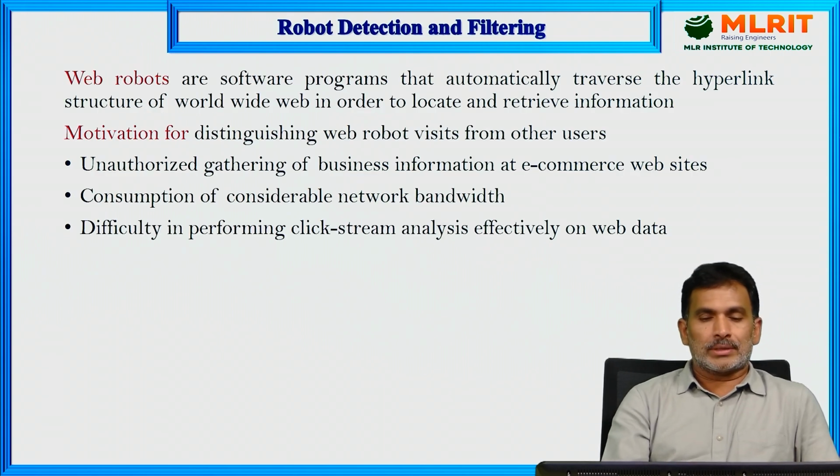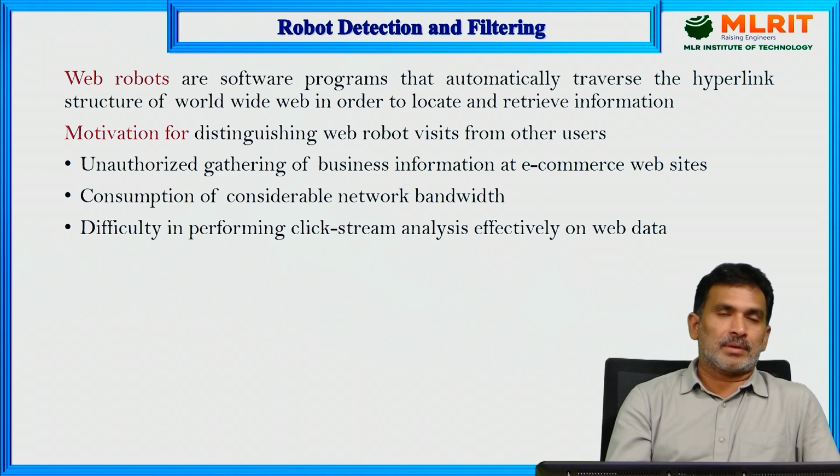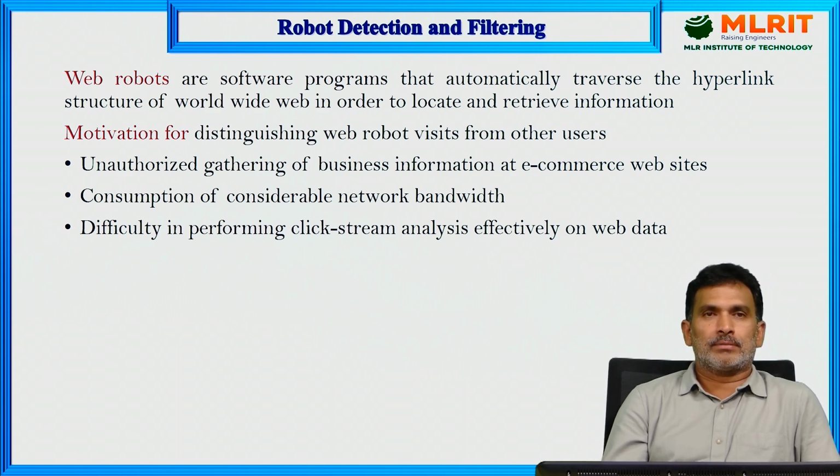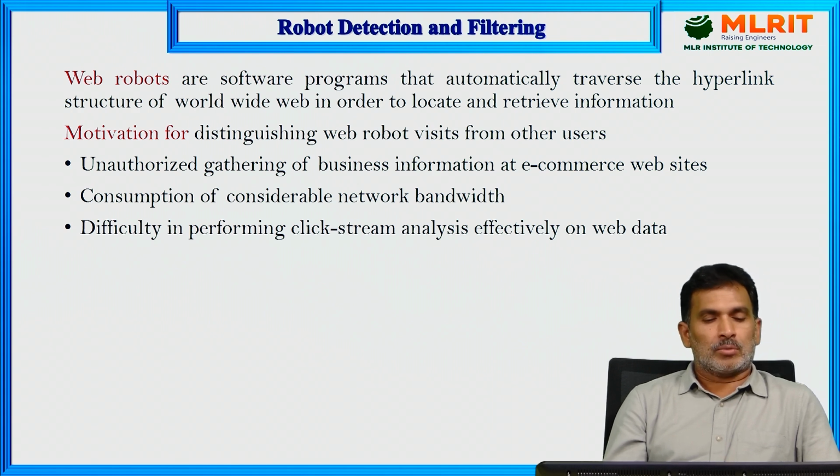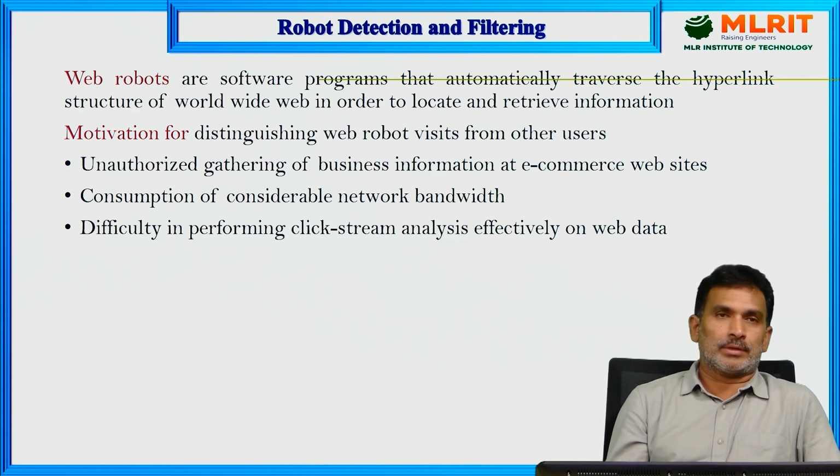Next, robot detection and filtering. Web robots are software programs that automatically traverse the hyperlink structure of the World Wide Web in order to locate and retrieve information. So those need to be detected. Next, the motivation, that is distinguishing web robot visits from other users.